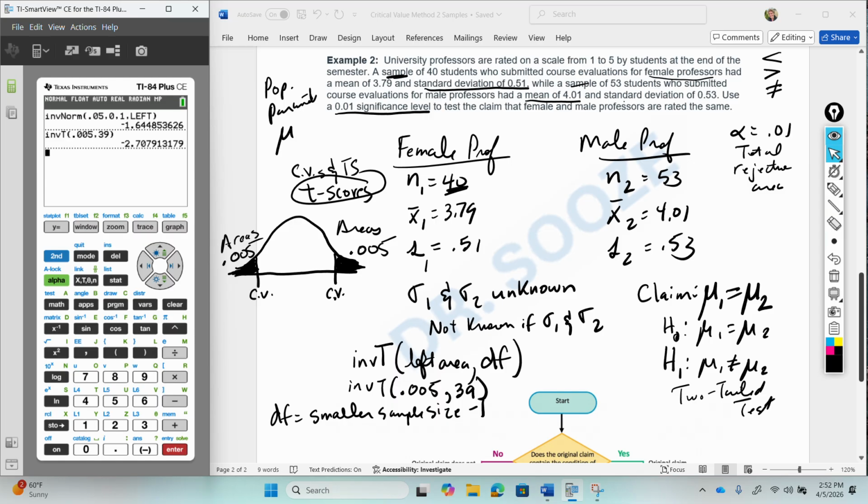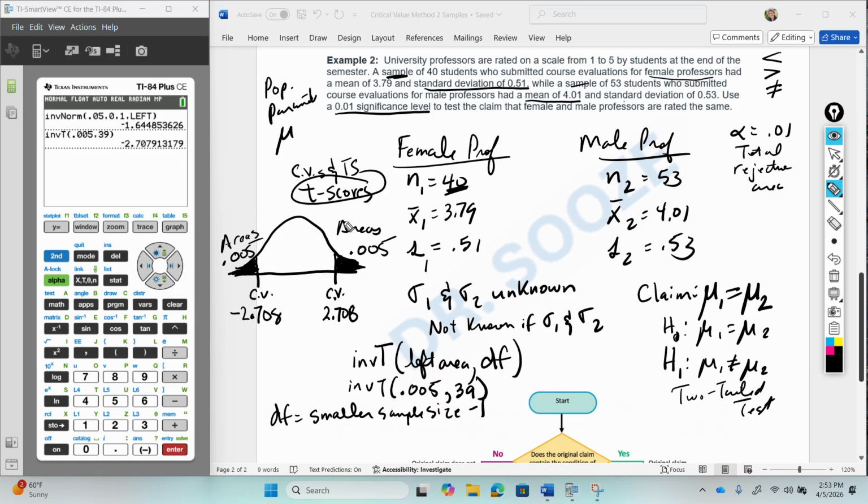Okay, and if I take that to 3 places, that's going to be minus 2.708. And then by symmetry, my positive critical value is going to be positive 2.708. So those are my 2 critical values.